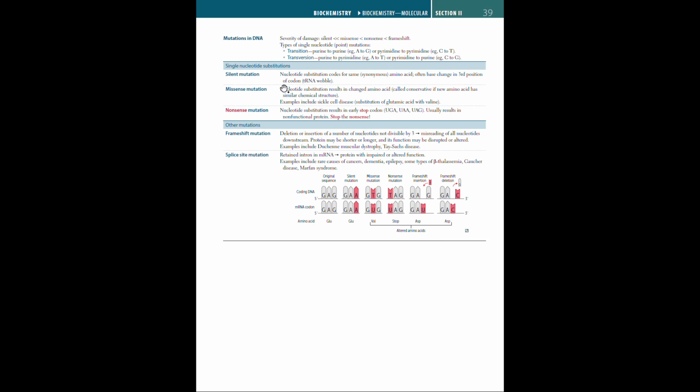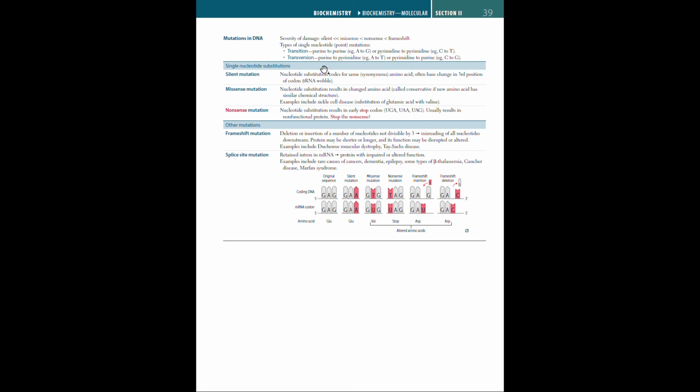Here you have mutation in DNA, severity of damage, that is silent, then missense, nonsense, and frameshift. These are the types of mutations in DNA. Types of single nucleotide point mutation: transition is purine to purine, that is A to G, or pyrimidine to pyrimidine.